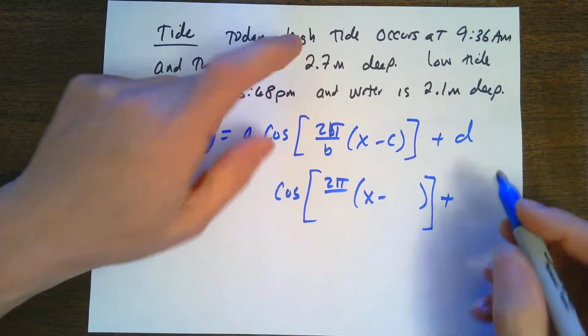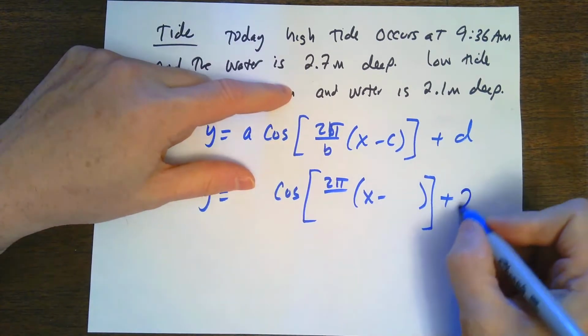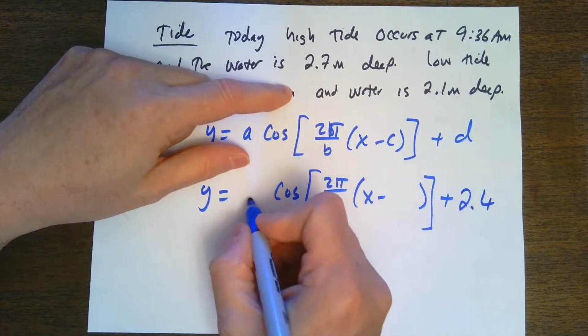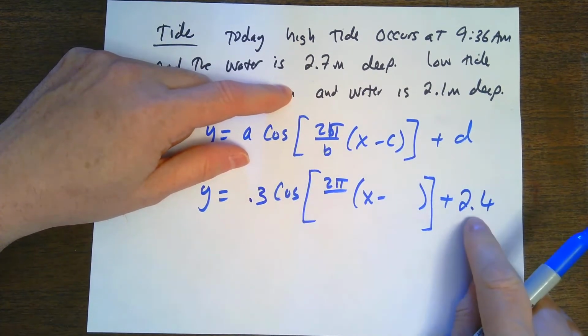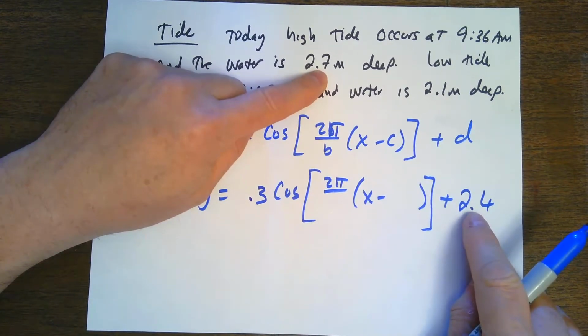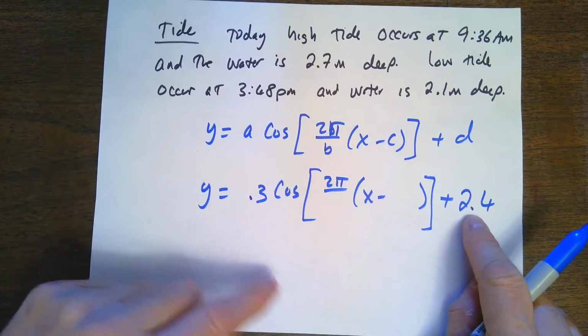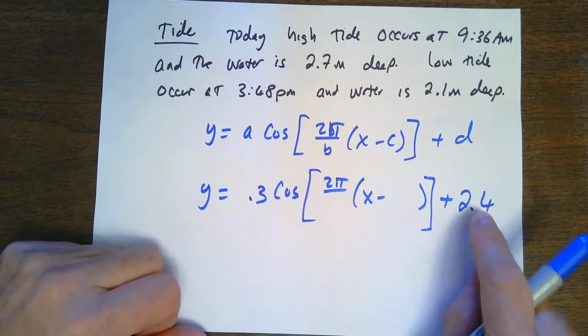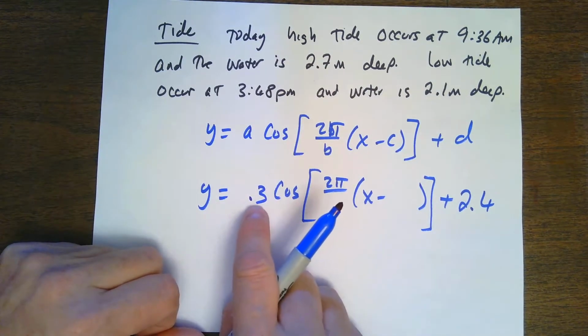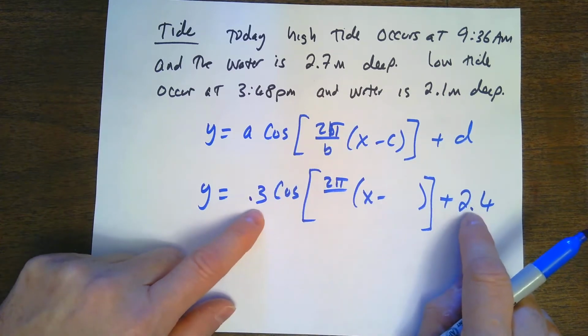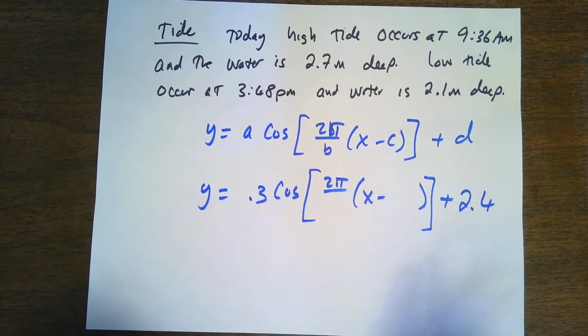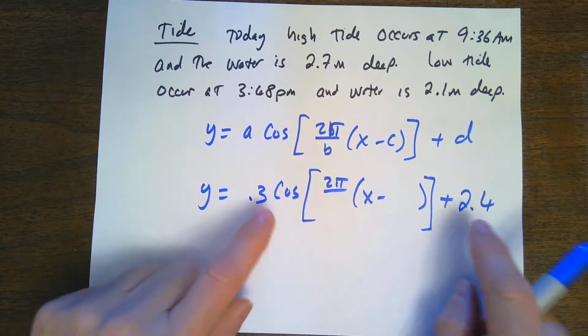There's my center line, 2.4, and the amplitude is 0.3. It goes 0.3 above 2.4 and 0.3 below 2.4. So the tide is constantly going a maximum of 0.3 meters above and 0.3 meters below. There's my center line and my amplitude.